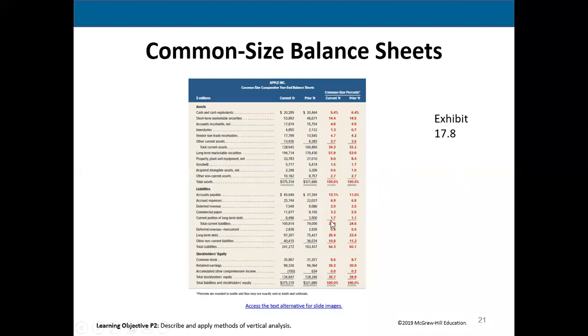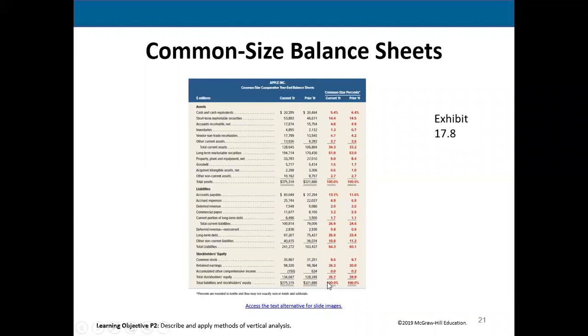Same with these liabilities here. So you can look at this in two different ways when it comes to liabilities and equity. Of all the assets the company owns, 100%, they owe on 64.3% of them, because liabilities are 64.3% of assets.